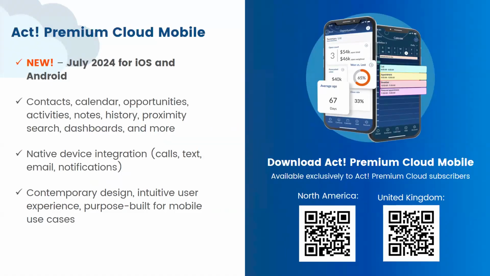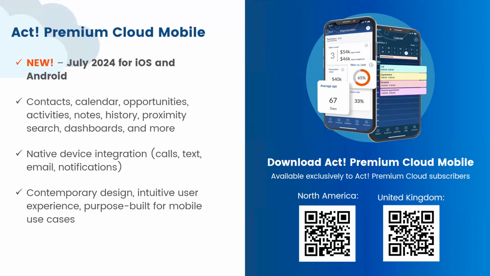So let's start. Give you a little introduction here to ACT Premium Cloud Mobile. Now, our brand new mobile app, ACT Premium Cloud Mobile, was released to the market just this past month, within the last month, and it's available for both iOS and Android users. This was built from the ground up using the latest design and usability standards.